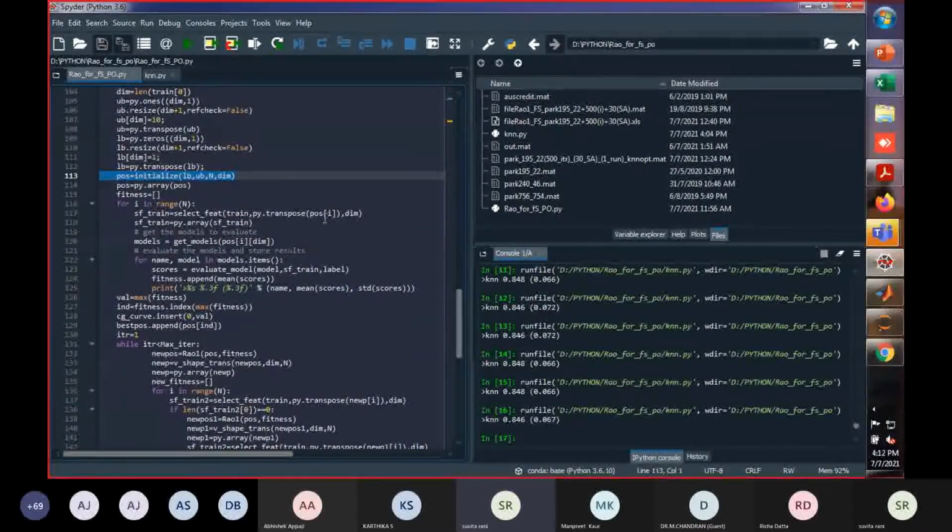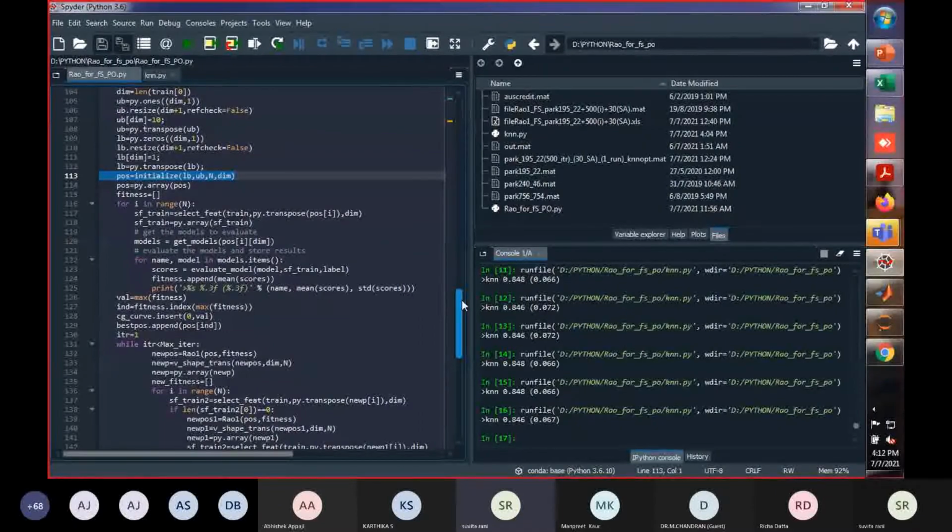Where the position contains a value 1, those positions, or maybe those columns, are selected from the training data set. And after those training columns are selected, then we call the model, and the model gets evaluated.